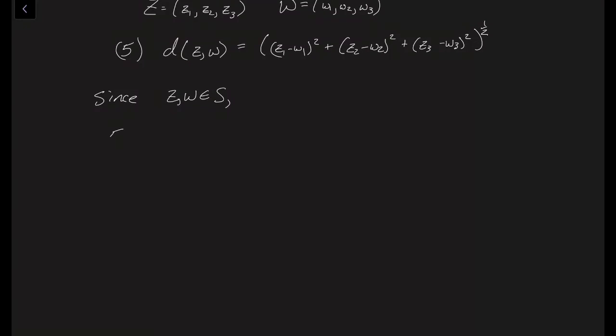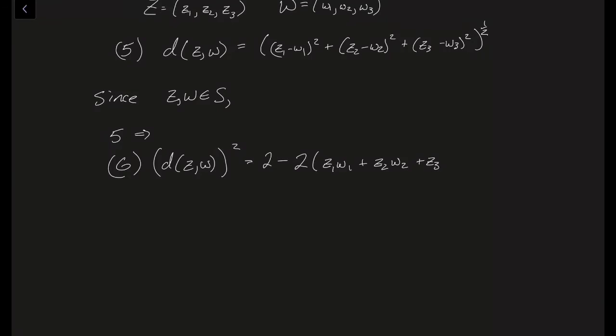And we're just going to take the square root of all that, just like how we would in a standard Euclidean space. And since Z and W are on the sphere, what we just have gives us that the distance between Z and W squared is going to be 2 minus 2 times the quantity Z1 W1 plus Z2 W2 plus Z3 W3.